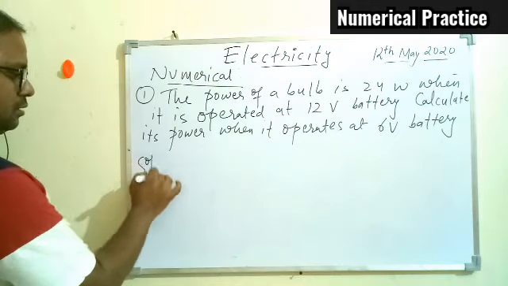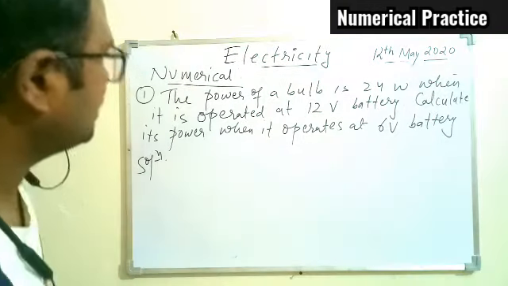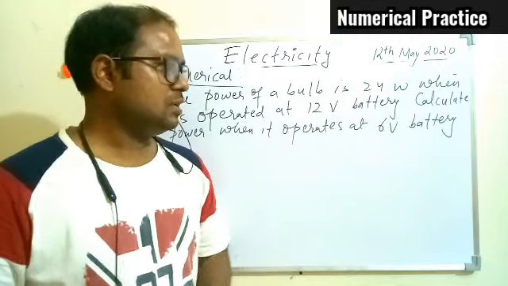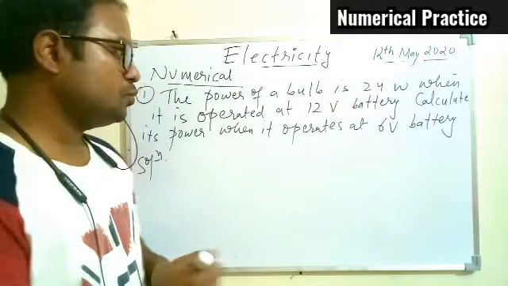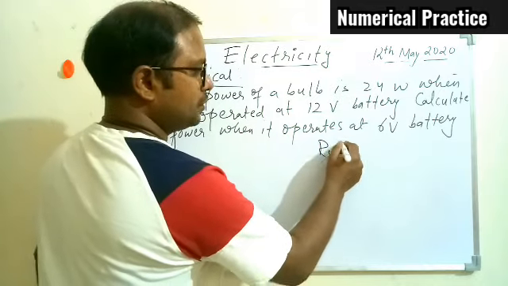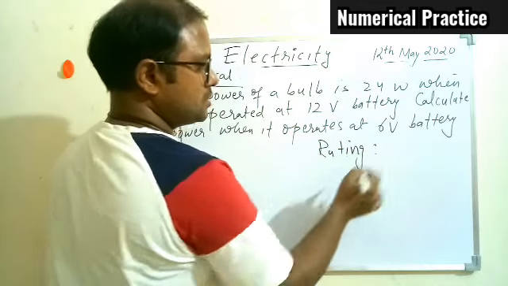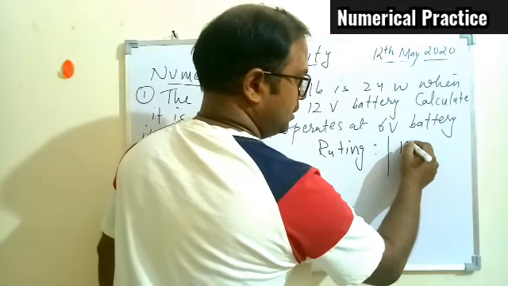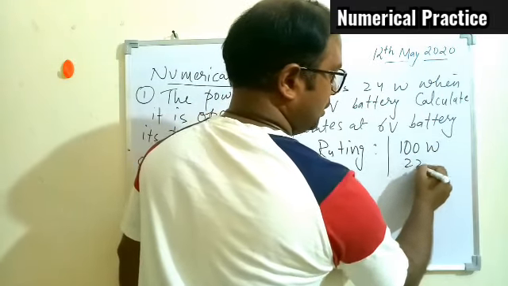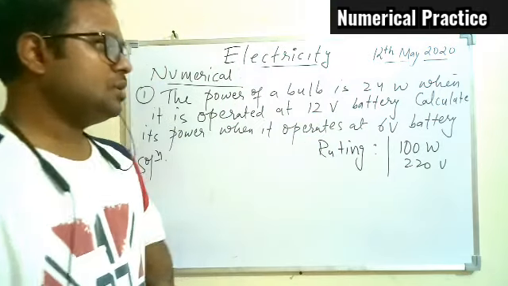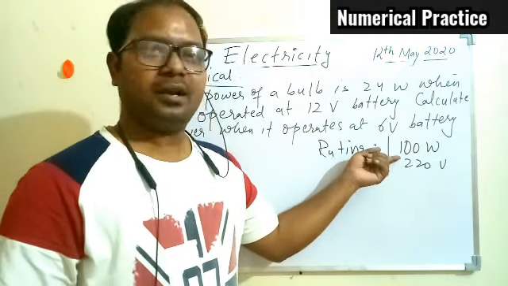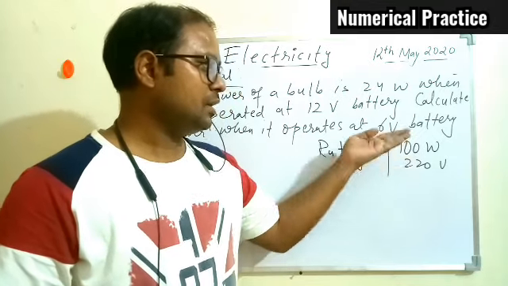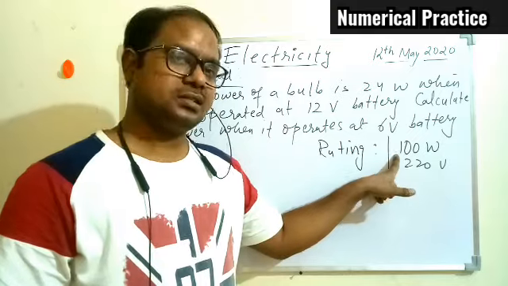So the concept is, the power of a bulb or any device will change with the change in the power supply, because when you talk about the rating of any device that we discussed in the previous class, it is written like 100 watt, 220 volt. So the device will have the power of 100 watt when the power supply is 220. If the power supply increases or decreases, then the power will also get affected.